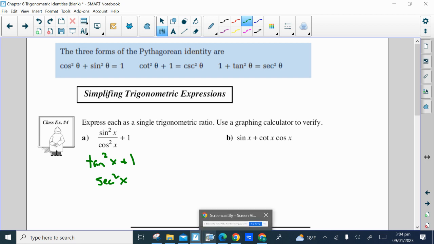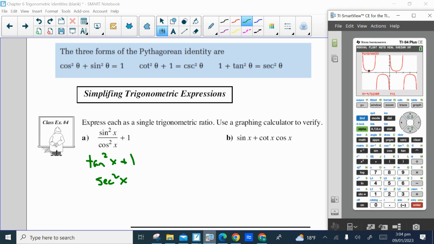Now, use our graphing calculator to verify. The two graphs should be the same. The one we started with should be the same as the one we ended up with. So I'm going to have to use some brackets here because I want to keep the sine squared over cos squared together as one expression. But I also need to make sure that the sine of x is all squared.